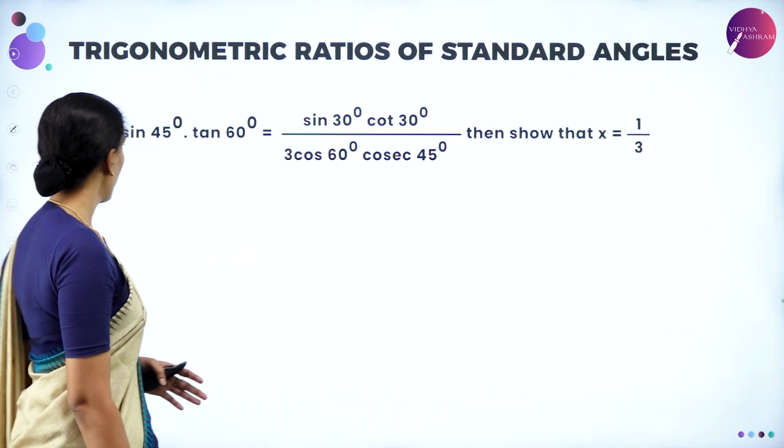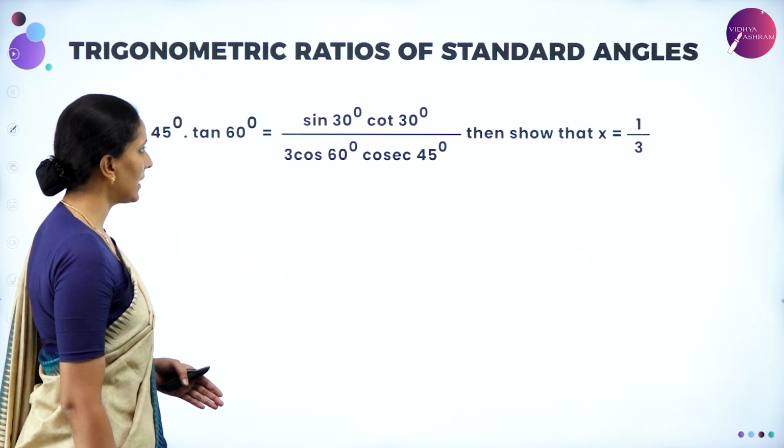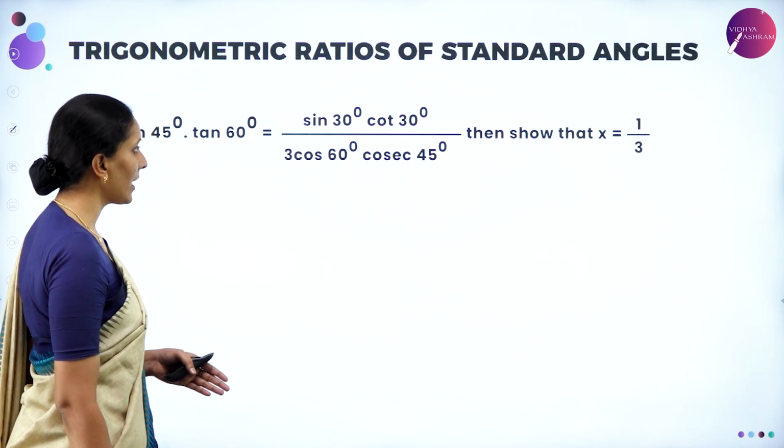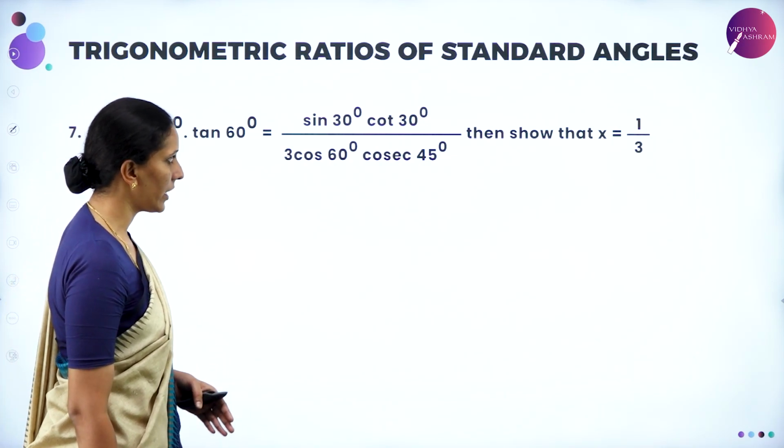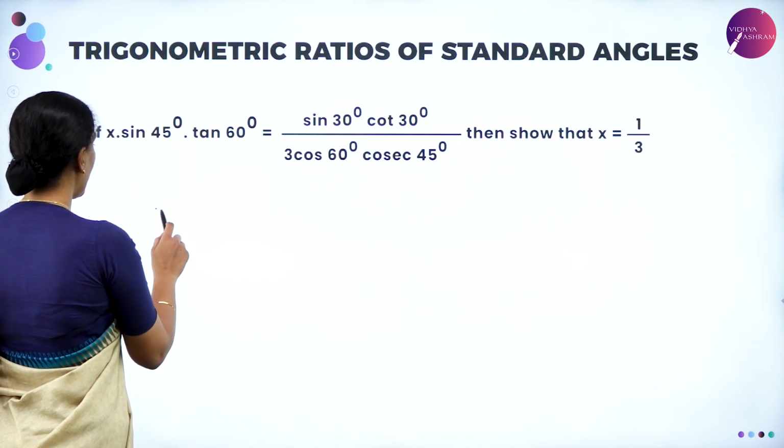Next question. If x into sine 45 tan 60 degree is equal to sine 30 cot 30 divided by 3 cos 60 cosecant 45 degree, then show that x is equal to 1 by 3. So let us write x.